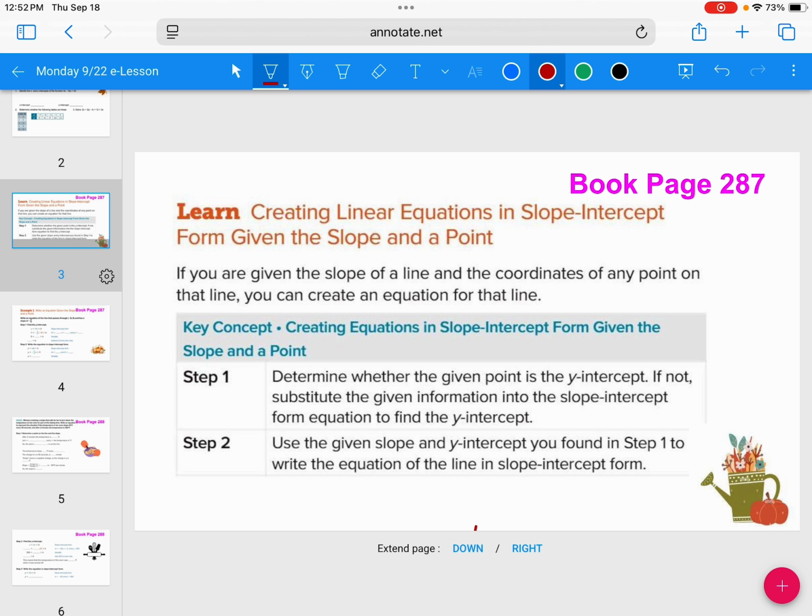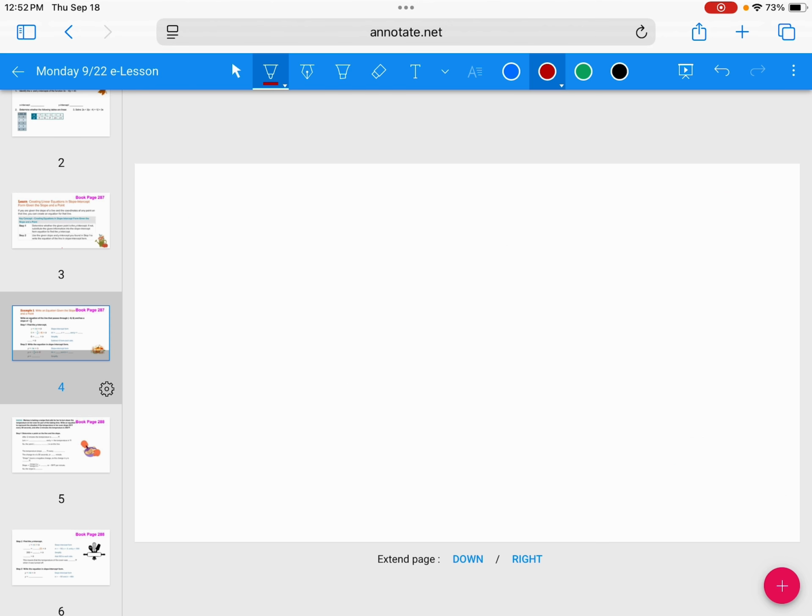Step one, we're going to determine whether the given point is the y-intercept. If not, substitute the given information into the slope-intercept form equation to find the y-intercept. In step two, we're going to use the given slope and y-intercept you found in step one to write the equation of the line in slope-intercept form.